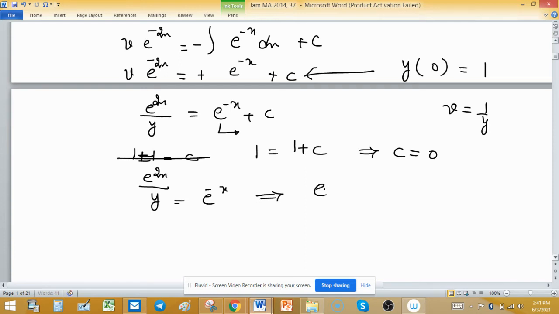So we have this solution: y is equal to e raised to the power minus x.